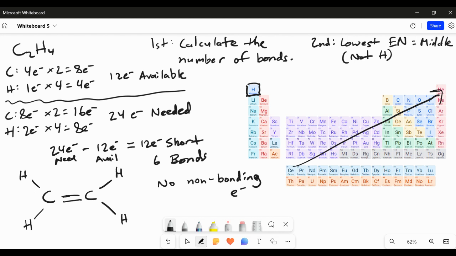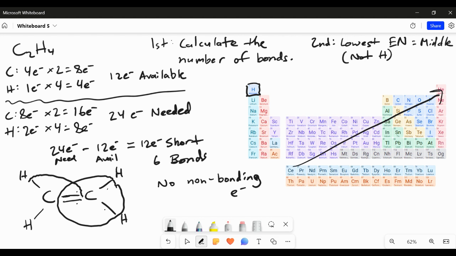Now, if we check this, hydrogen has 2 electrons. It's happy. And we can say that about all the hydrogens. Okay? They all meet the octet because they all have 2 electrons around them. If we look at the carbons, this carbon has 2, 4, 6, 8 electrons. It meets the octet rule.